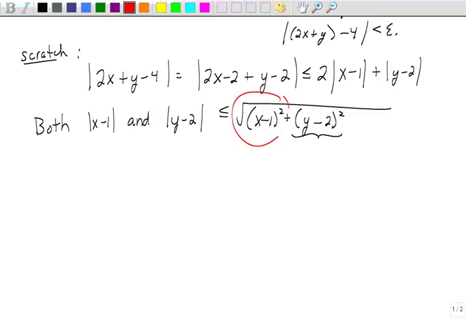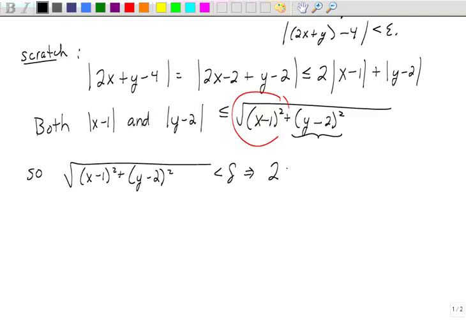Okay, so we have the square root less than delta, so then 2|x minus 1| plus |y minus 2|.